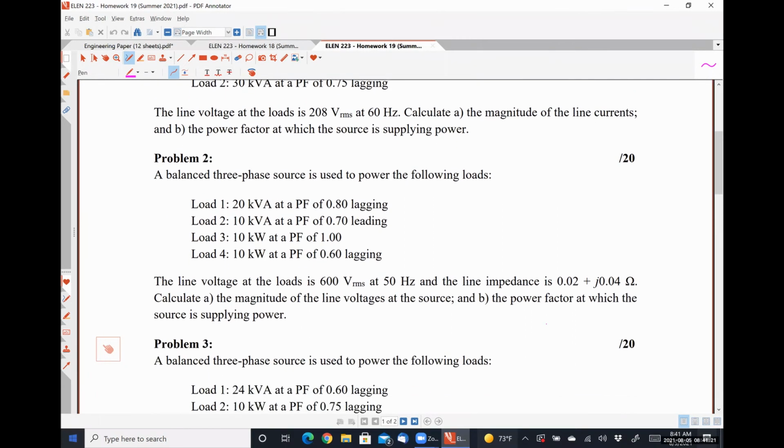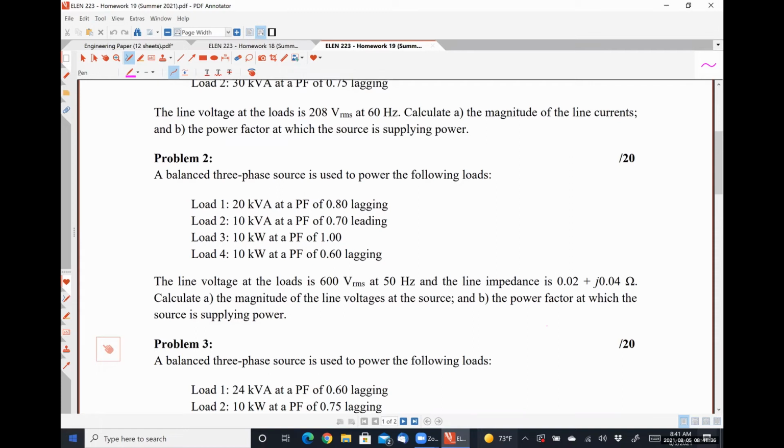Problem 2. Pretty much, yeah. You got more loads. You have the line voltages at the loads, and you want to figure out what the line voltages at the source will be.